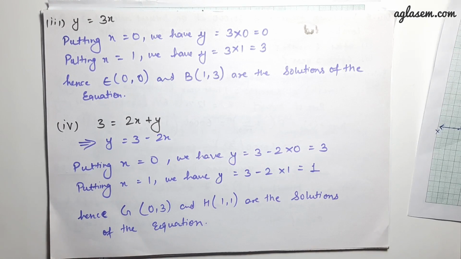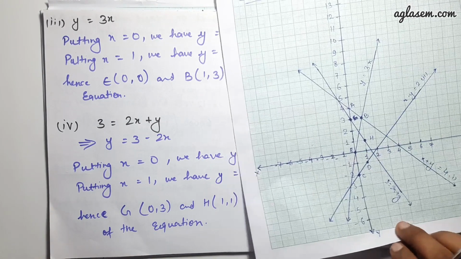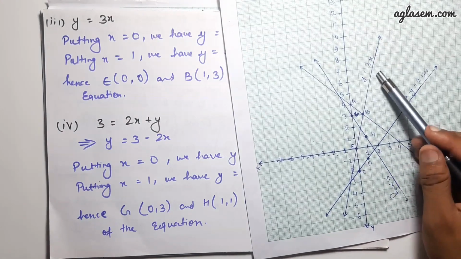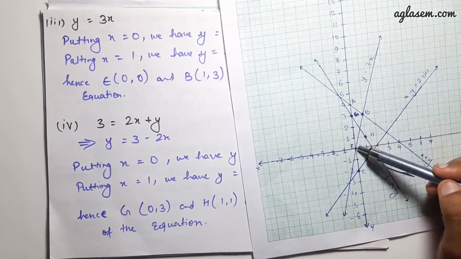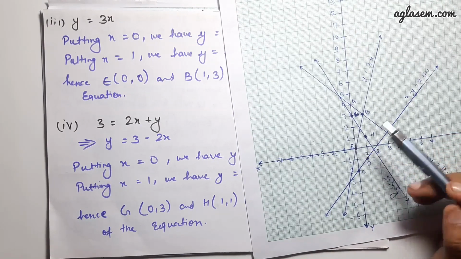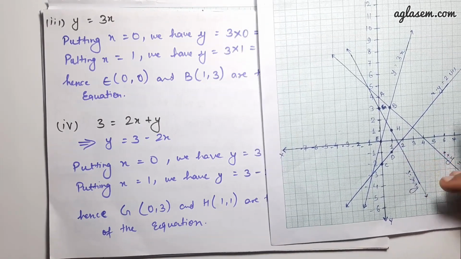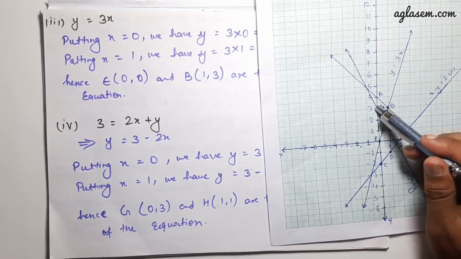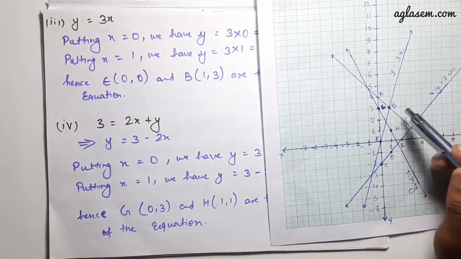Let's watch on the graph. The equation is y equal to 3x. So (0, 0), the line is this, the point is there, and the other is (1, 3), the point is here.